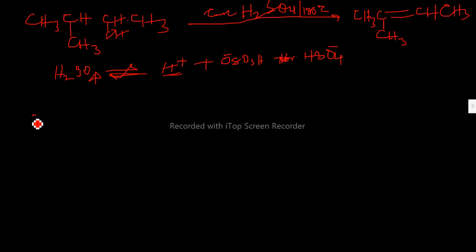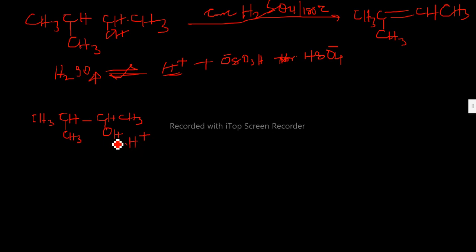So we shall have our CH3, CH, and then CH3 here, then CH, and then OH here, and then CH3. Now the proton is going to be added onto this oxygen so that you form a protonated alcohol.